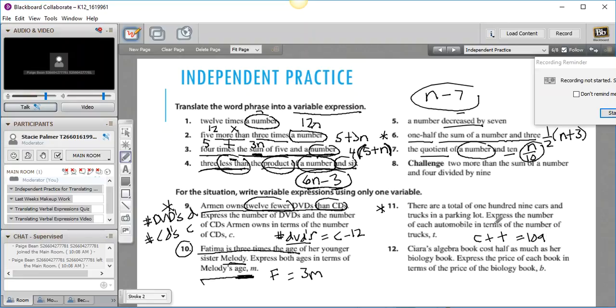So if we want to express the number of each automobile in terms of the number of trucks, we know that trucks are going to be equal to 109, the total, minus however many cars there are.